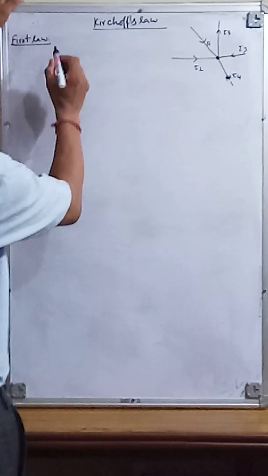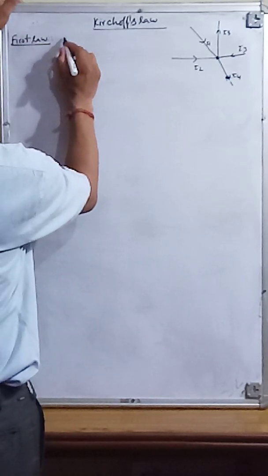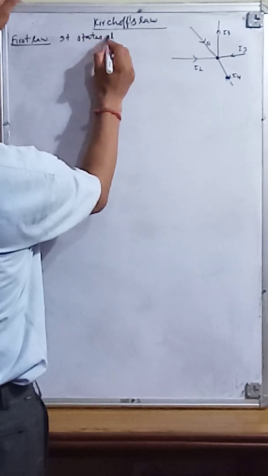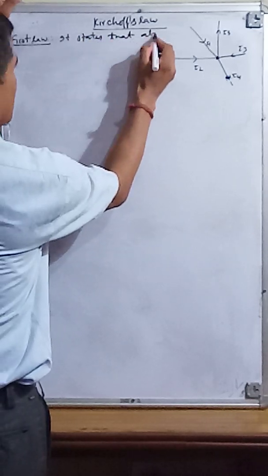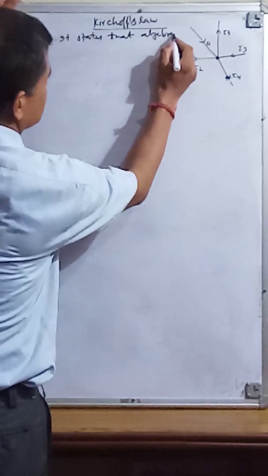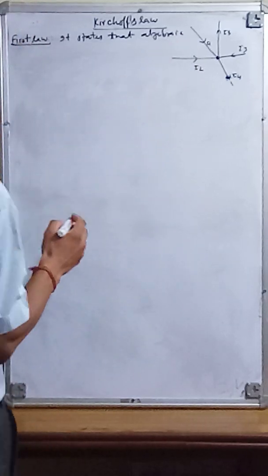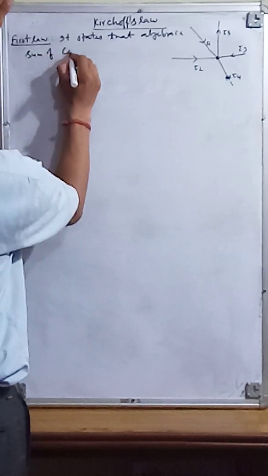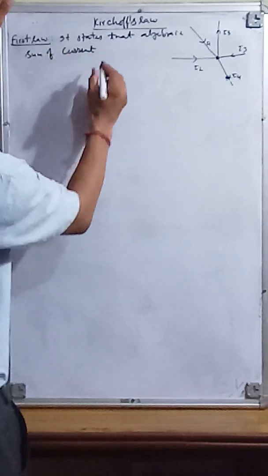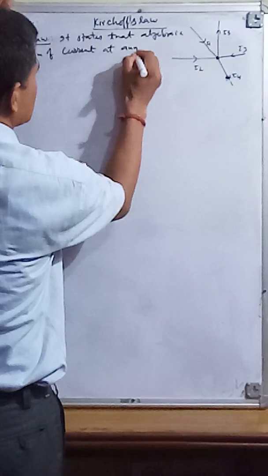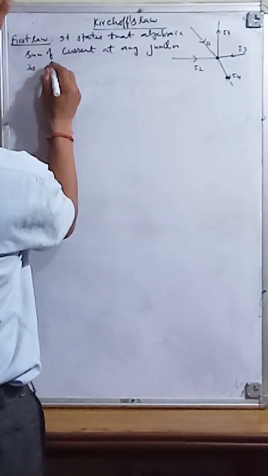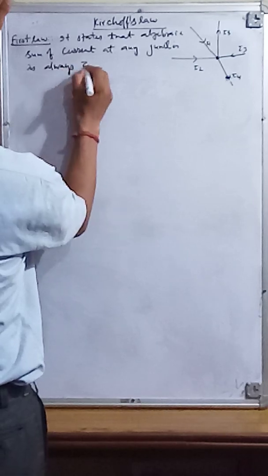So what does the law state? It states that the algebraic sum of the current at any junction is always zero.